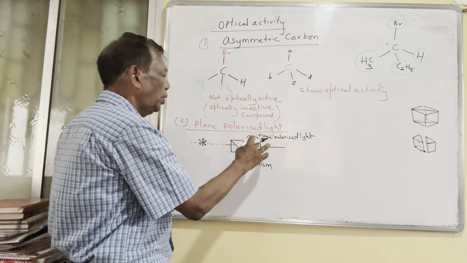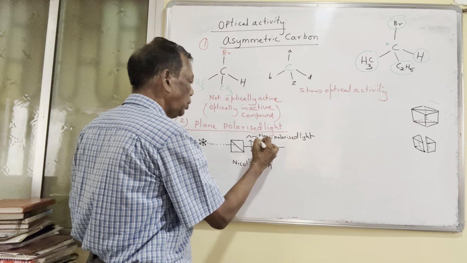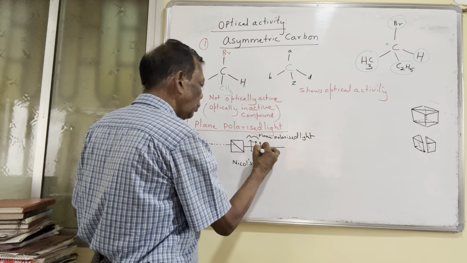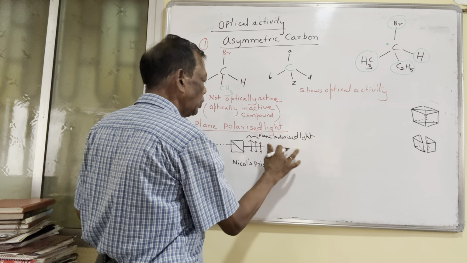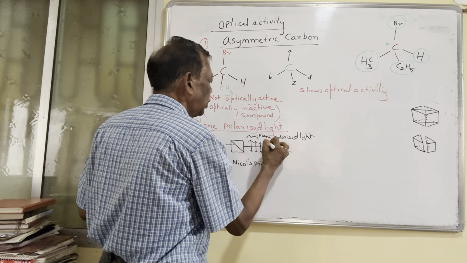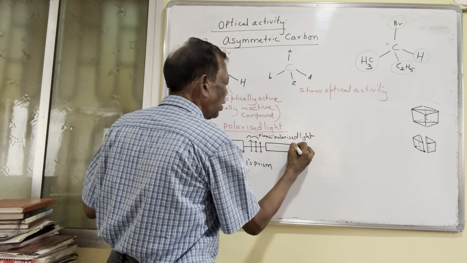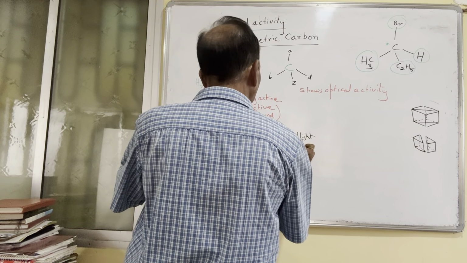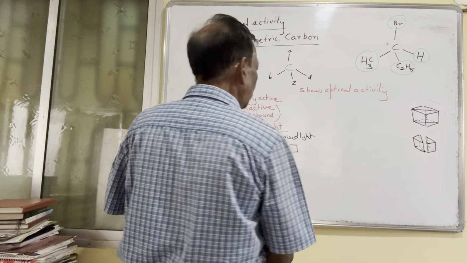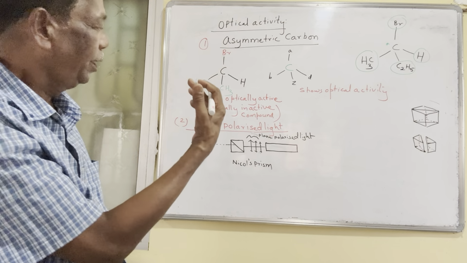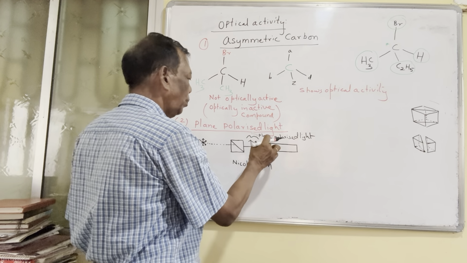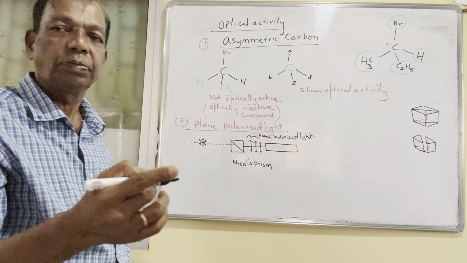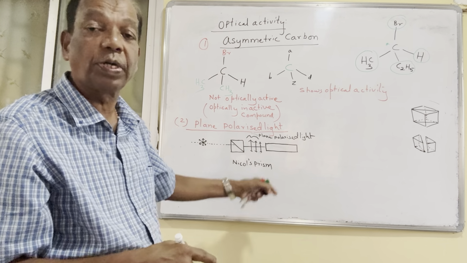Now, if you happen to pass this here through the solution of a compound which has got an asymmetric carbon, in between here, you put one tube, and that tube is called a polarimeter tube. I don't want to show here directly on the board, because I could have shown that way, but I want to show you all the skill of drawing.